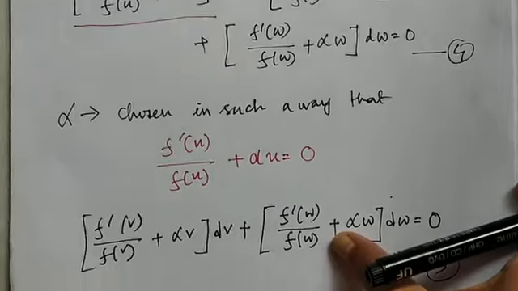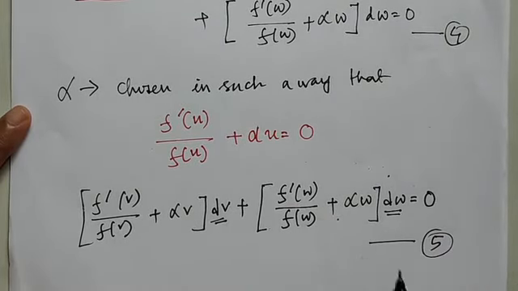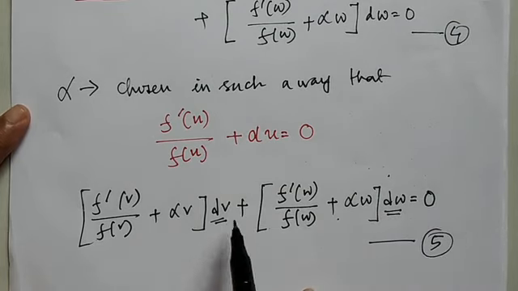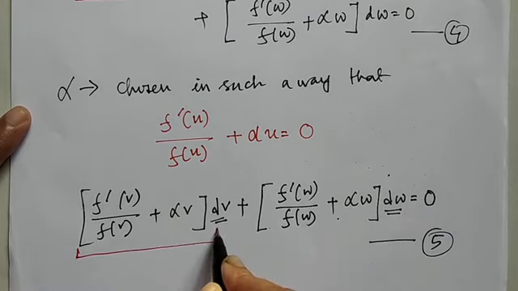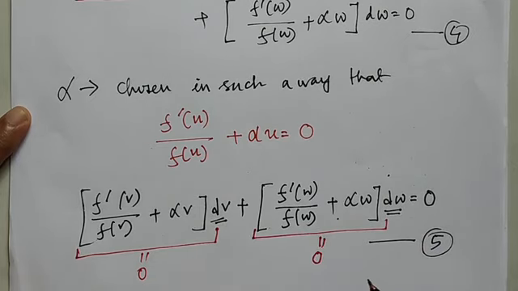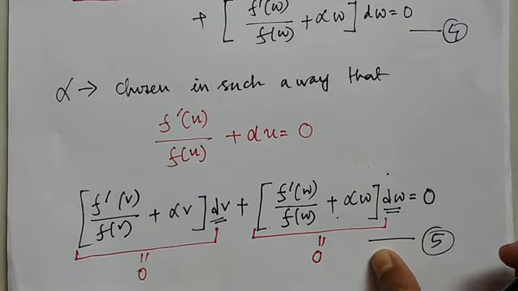Therefore, as dv and dw are mutually independent, this equation will be satisfied only when the coefficients of dv and dw are separately, individually 0. That is, this quantity equals 0, and also this quantity equals 0, because dv and dw are chosen to be mutually independent.